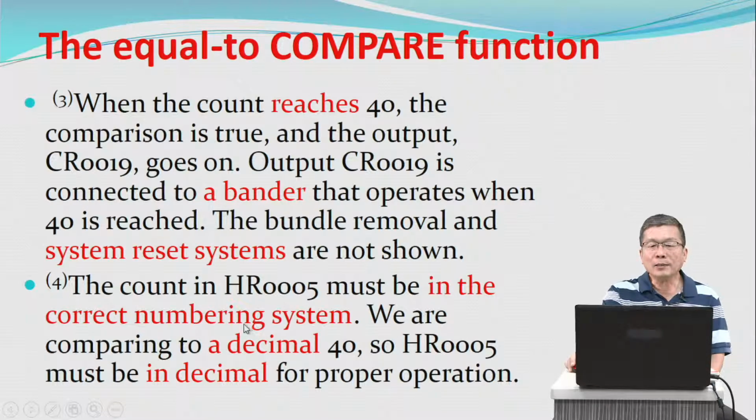When the count reaches 40, the comparison is true and the output control relay 19 goes on. Output control relay 19 is connected to the bundle that operates when 40 is reached. The bundle removal and the system reset systems are not shown.